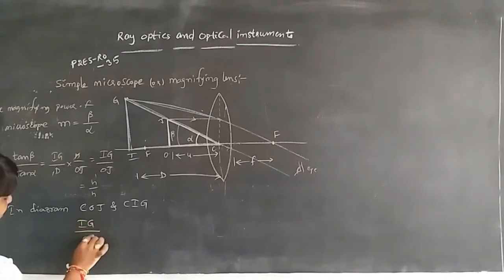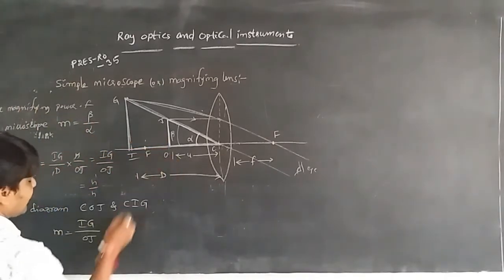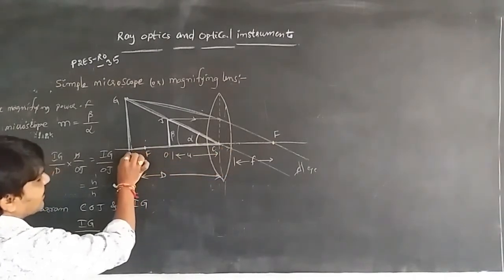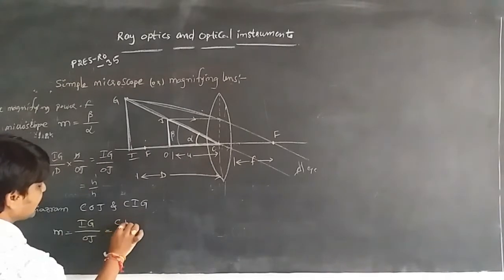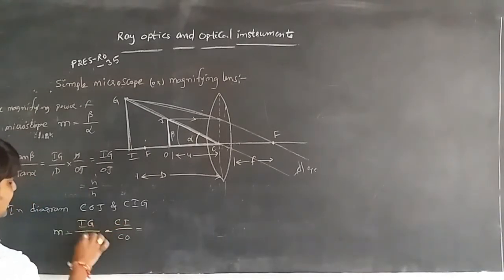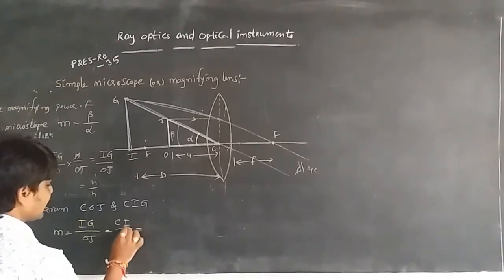m is equal to Ig by Oj, which is equal to Ci by CO. Ci by CO means both distances. Here Ij means the height. So m is equal to Ci distance.